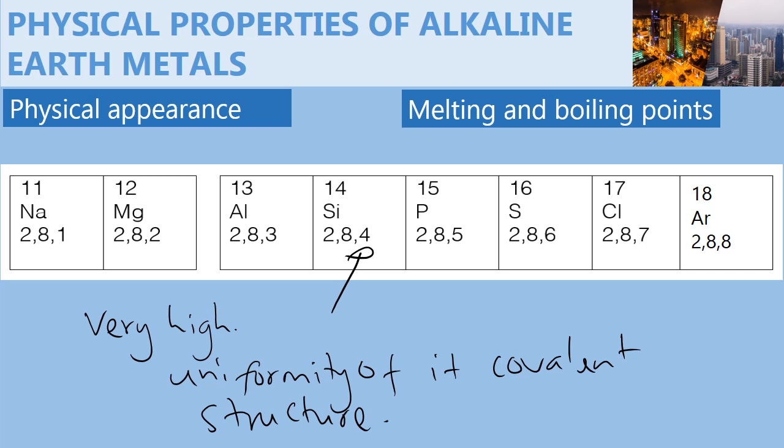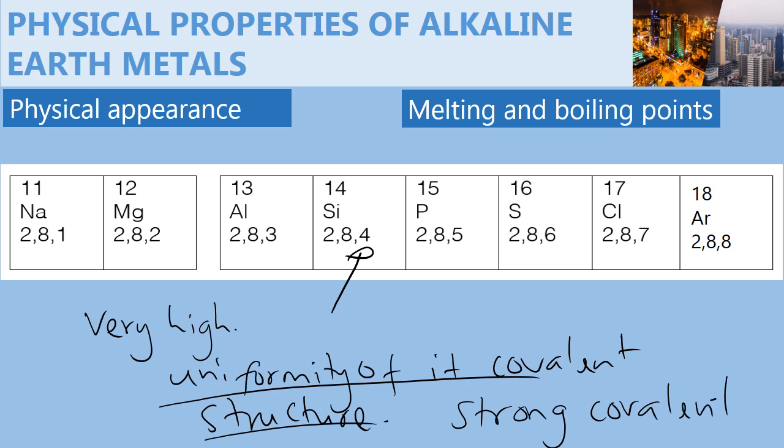All the atoms in the structure of silicon are held together by strong covalent bonds. Hence, it has a high melting and boiling point because they require a lot of energy to break.